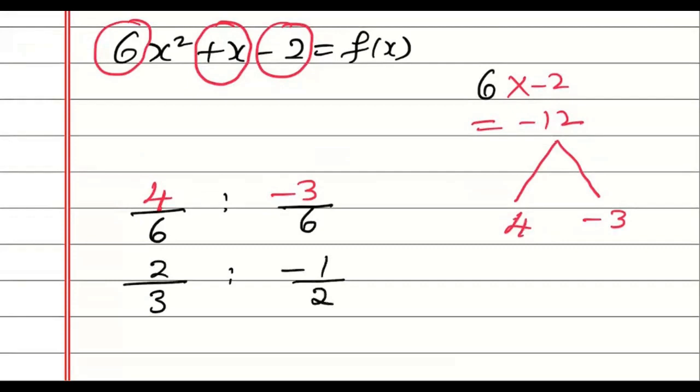Remember, the denominators are the coefficients of x in the linear factors, and the numerators are the constant terms in the linear factors. So f(x), you can write it as (3x plus 2) times (2x minus 1).